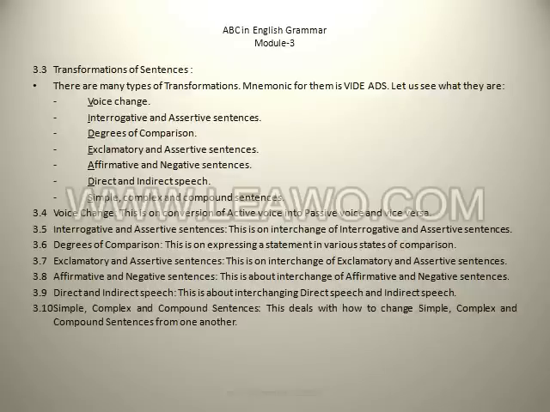This is on expressing a statement in various states of comparison. Exclamatory and assertive sentences. This is on interchange of exclamatory and assertive sentences. Affirmative and negative sentences. This is about interchange of affirmative and negative sentences.